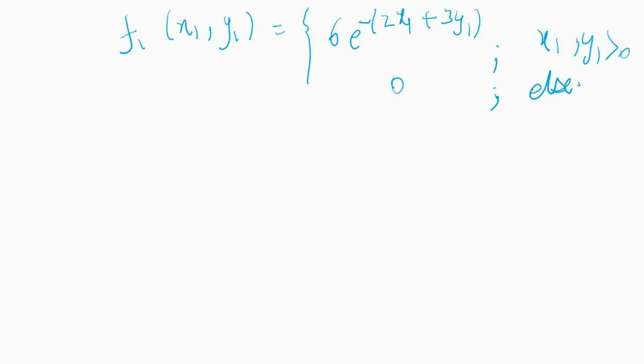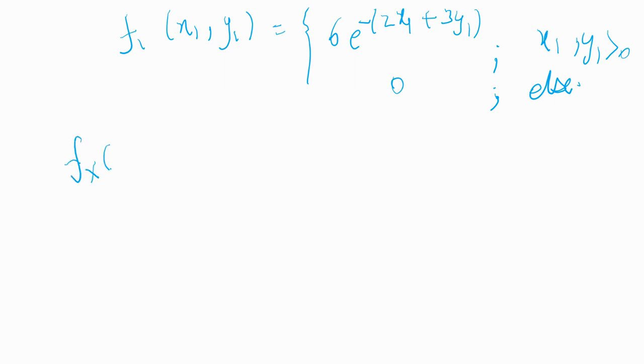I will do the marginal of x. The similar one will be the marginal of y that you need to do after this. I'll give you 5 minutes for that, and then we will see whether it is independent or not.